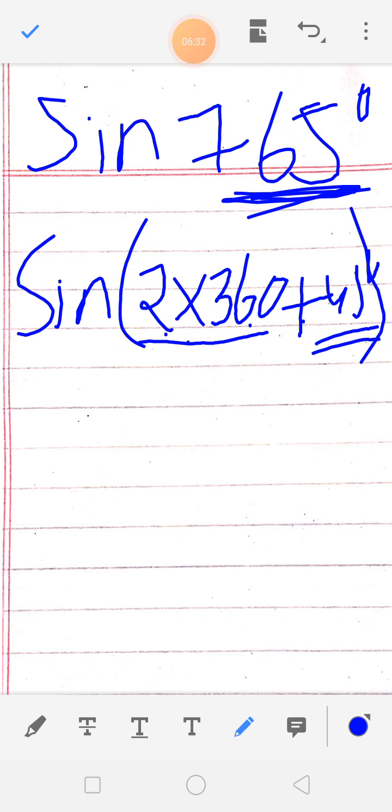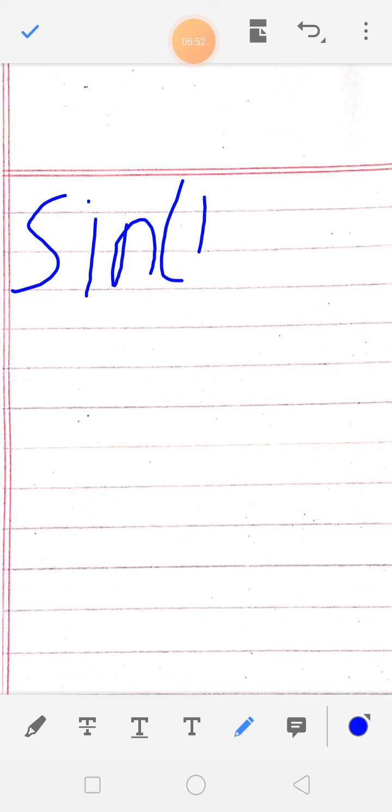So if you get more than 360, likewise you have to use 2 into 360 or 3 into 360 or 4 into 360, and so on. Whatever the value given, likewise you have to choose. Suppose for example, sine of 1410 you have.